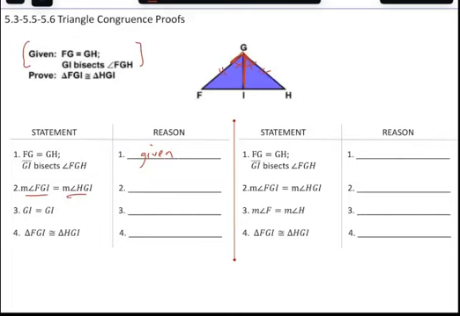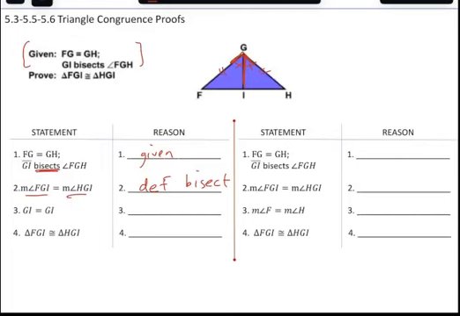It doesn't have to be; it could be statement 3. But here it is, and so I'm going to use the definition of the word that's written. When you provide definitions, you have to use the word that appears in the proof. The only word that appears right here is bisect, so that's going to be the definition of bisect that justifies that statement.